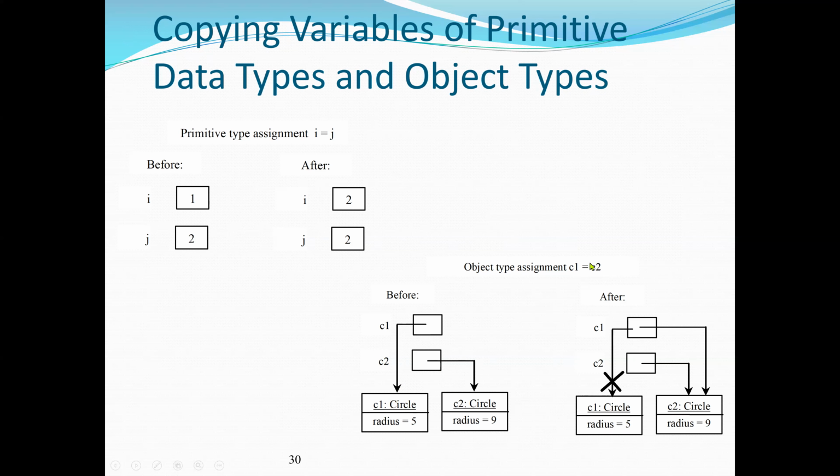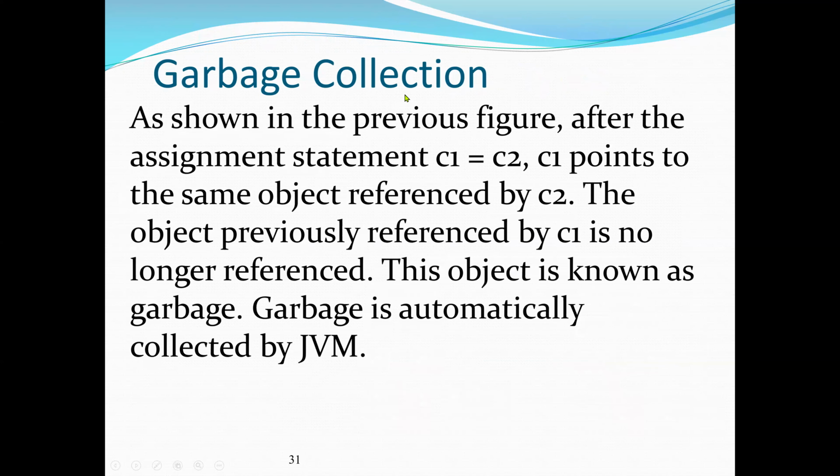But now see c1 and c2, the pointer changes. So c1 also starts to point to the same location as c2. So the object c1 previously referenced will be gone because we assigned c2 to c1. Then Java garbage collection will take this out. This will be null. And that leads us to garbage collection.